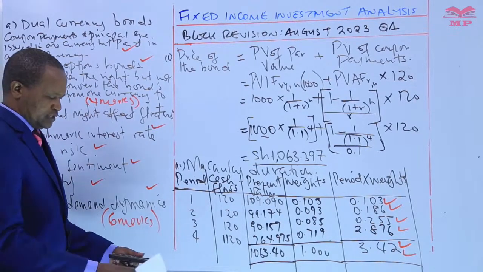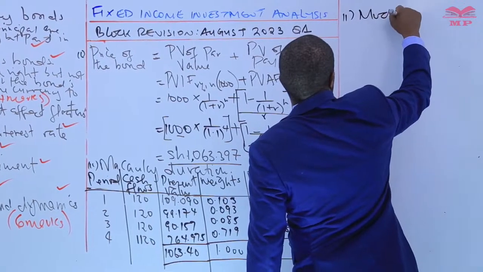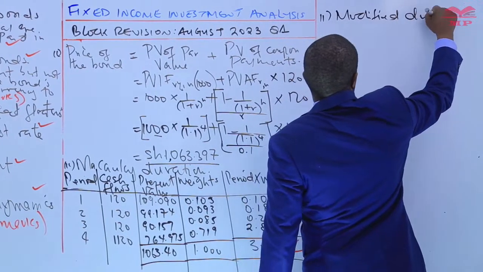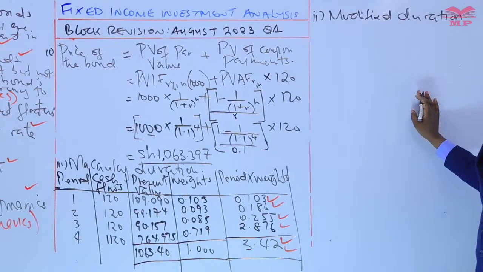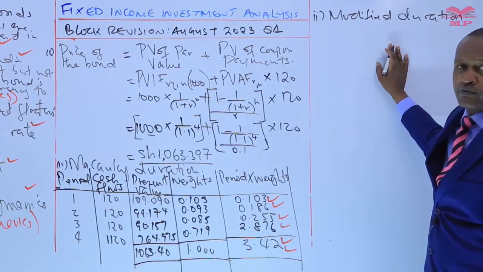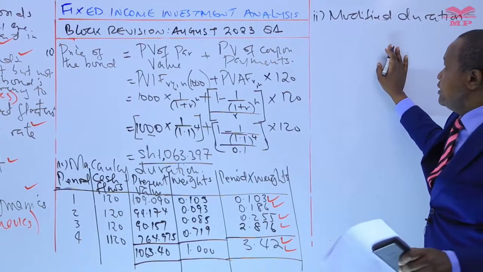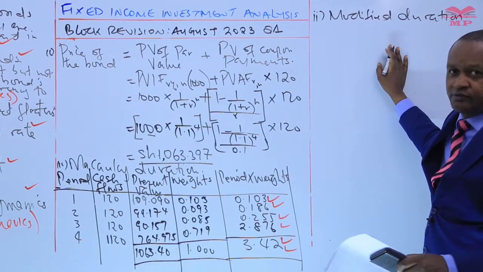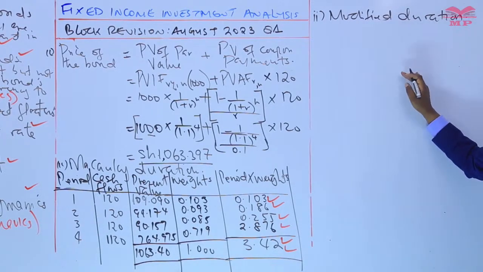So candidates, that is Roman 2. Then Roman 3, modified duration. We want to calculate the modified duration. Now here, what is being modified? Here, candidates, is a refinement or a more precise measurement.